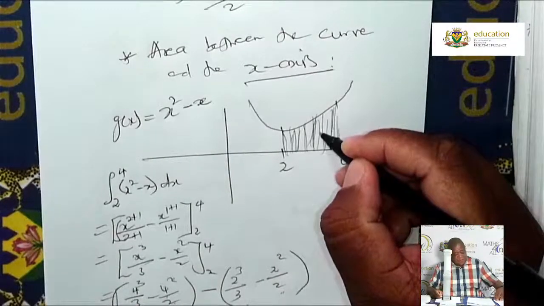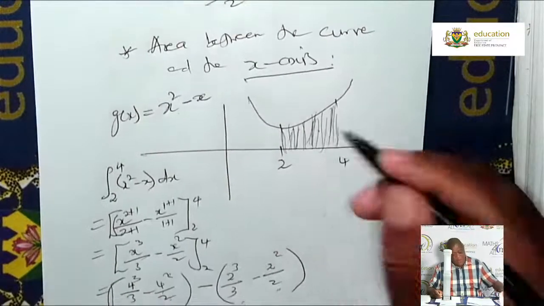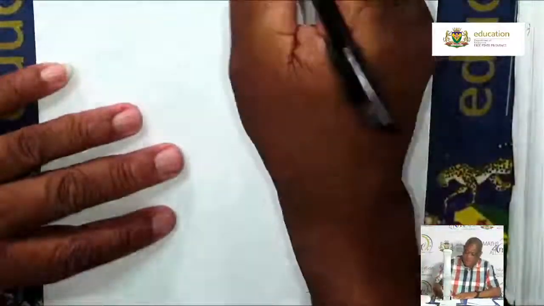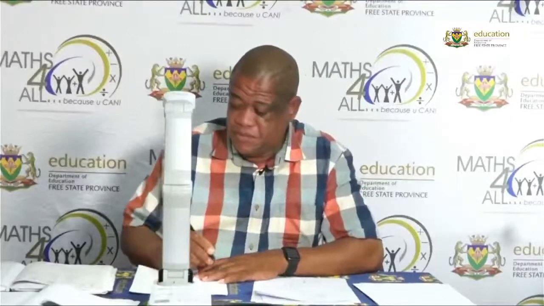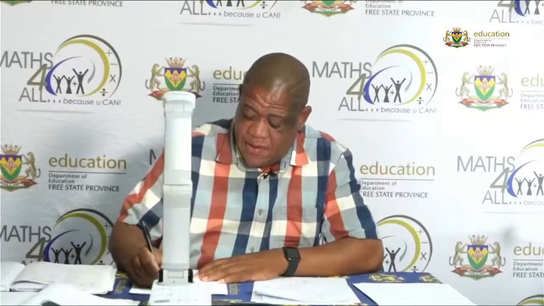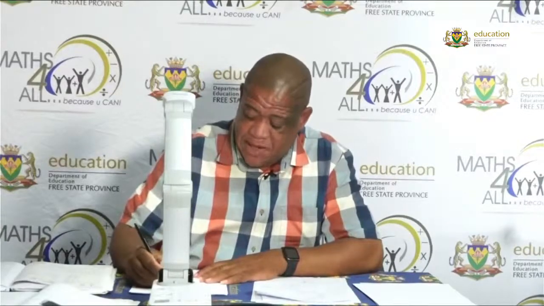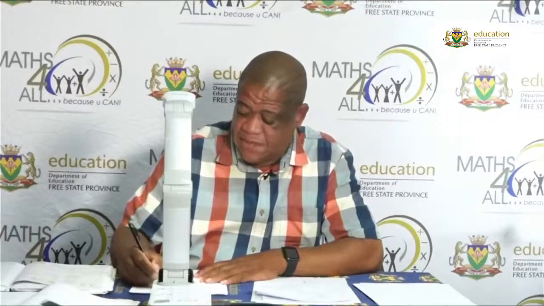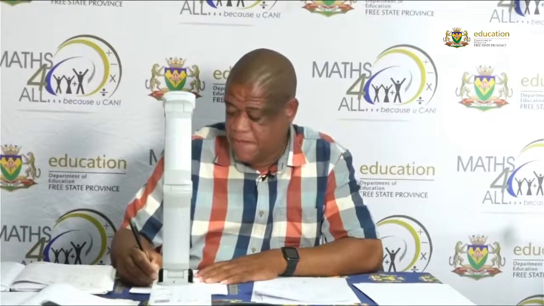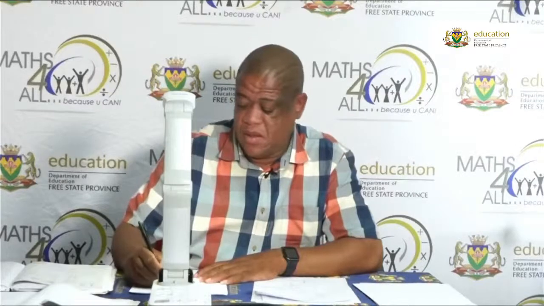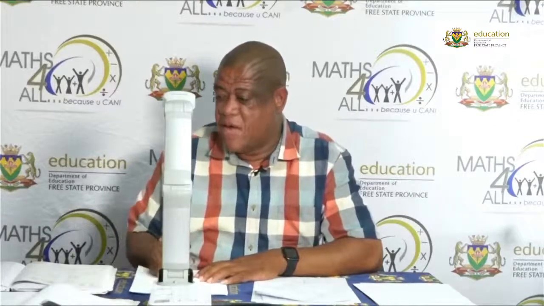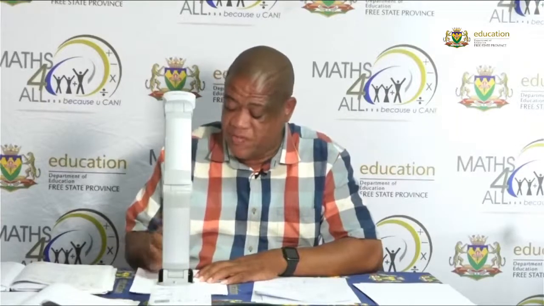But at some point, you may find a sketch like this one, where this part is shaded and this part is also shaded. Then we are given the equation, a cubic function of course.